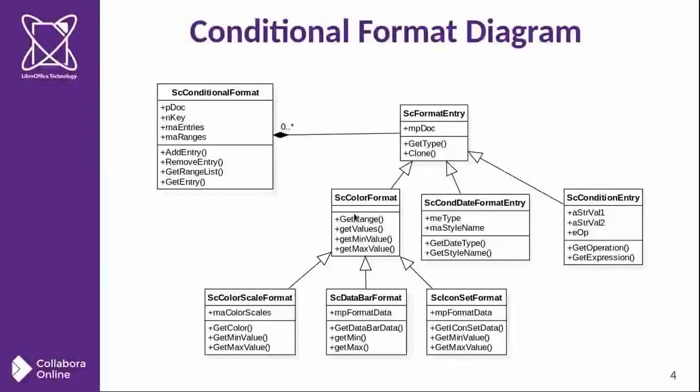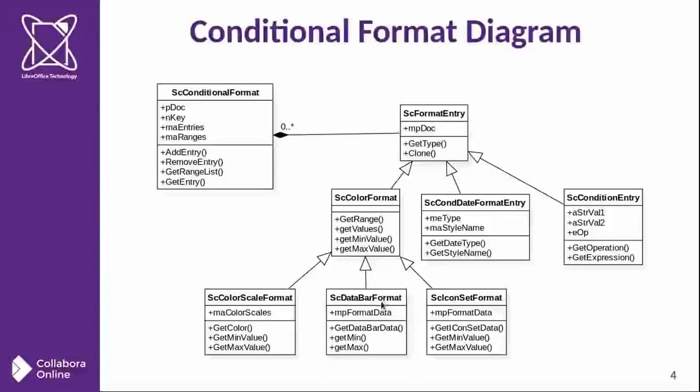But in these particular subclasses, we will see the generalization, or rather specialization. The color scale format, you can create instances of one of these, but this is the main focus for now, because I'm going to explain how I fixed some of the bugs here.